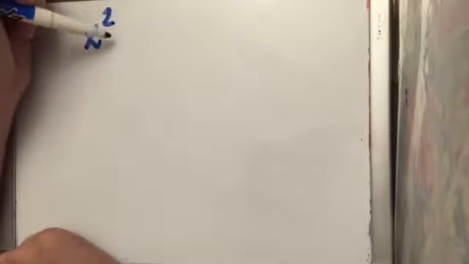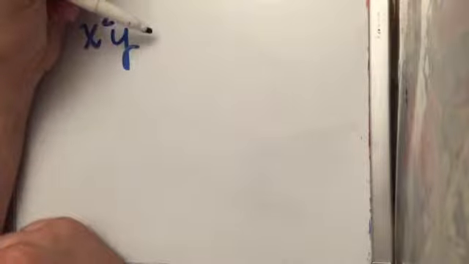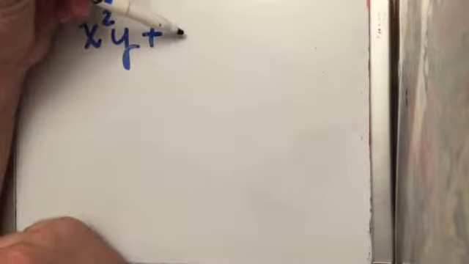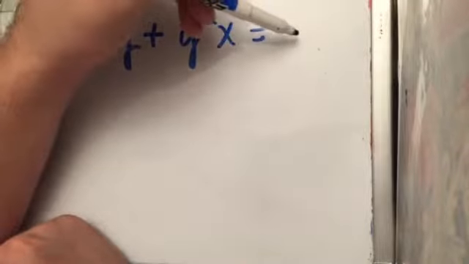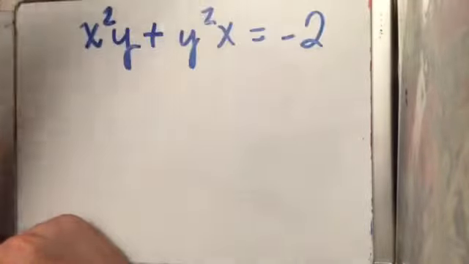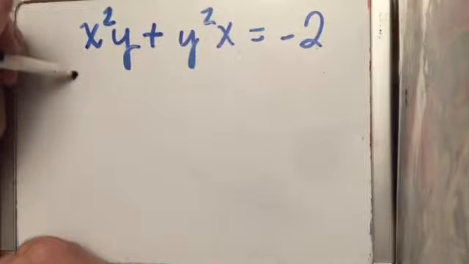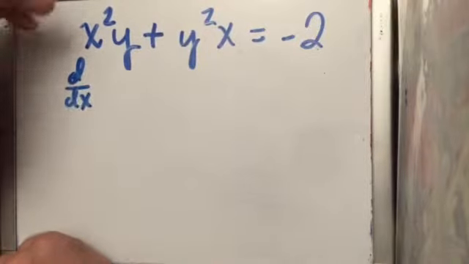So let's try one last equation using implicit differentiation. Let's try x squared y plus y squared x equals negative 2. So remember, take the derivative of both sides first.